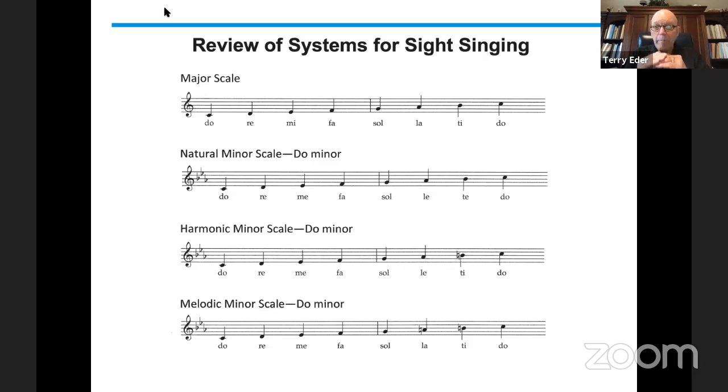And then the upper sixth and seventh scale degrees, le and te, are in the key signature. So that's a natural minor scale. That's why it's called natural minor. Sometimes it's called pure minor. Do, re, mi, fa, sol, le, te, do, te, le, sol, fa, mi, re, do. So that's the notes that are given by the key signature, the notes that are diatonic in the key.